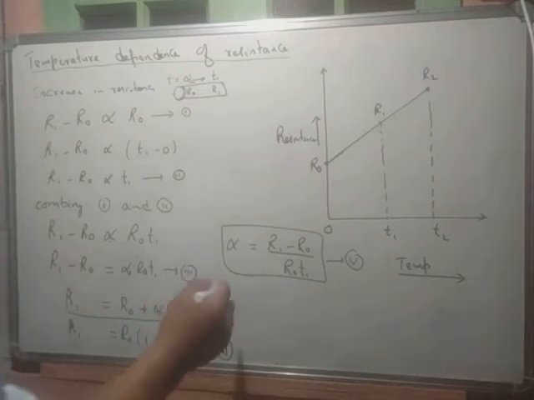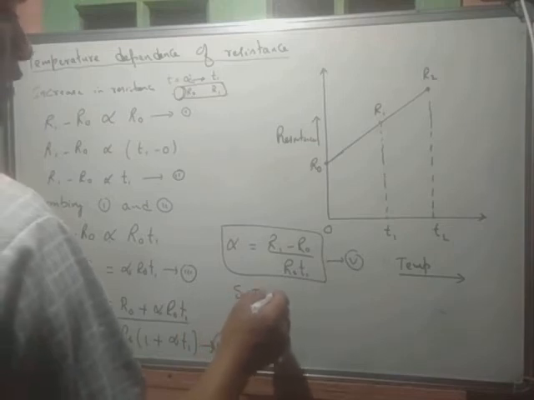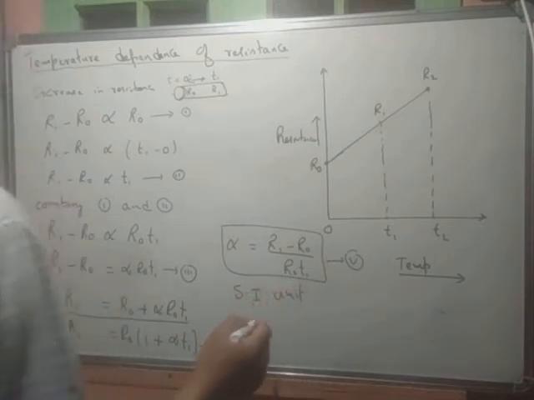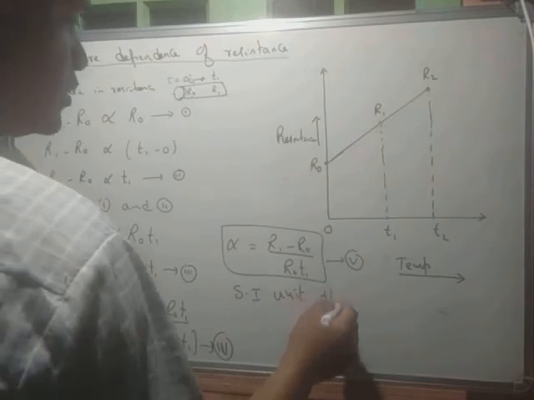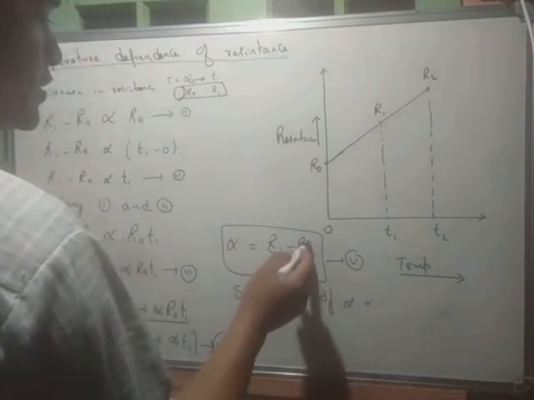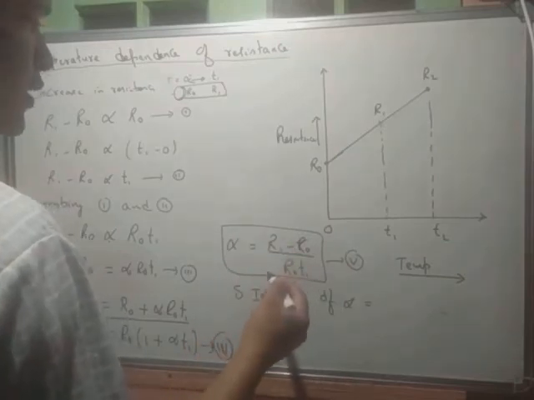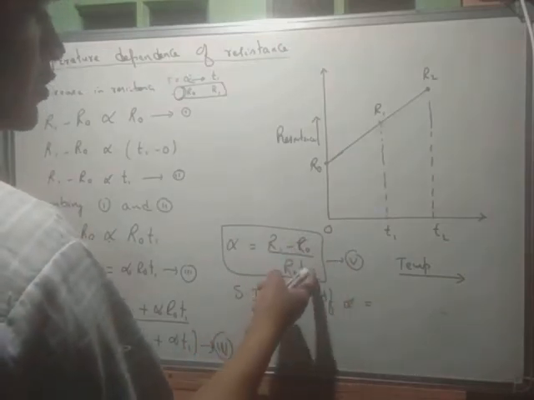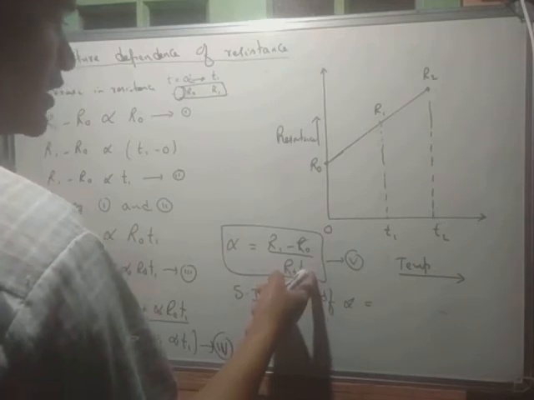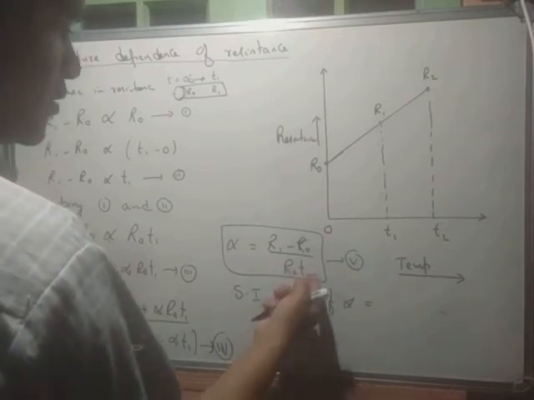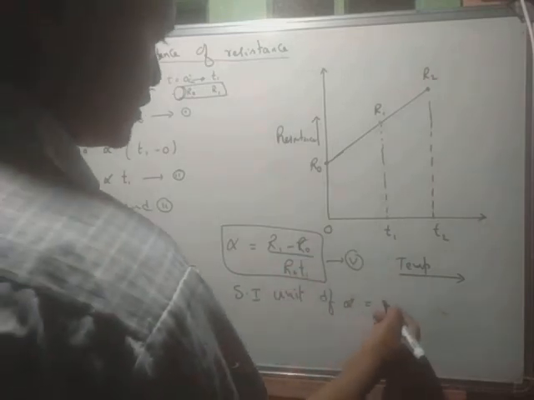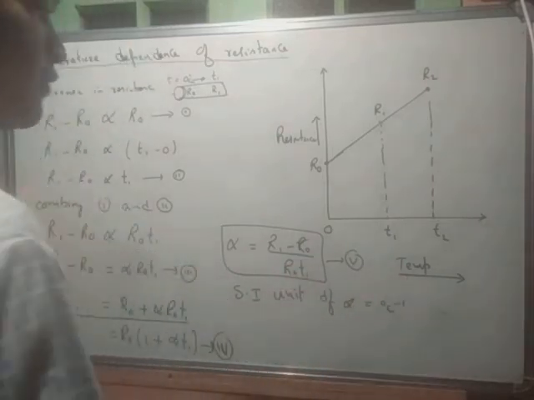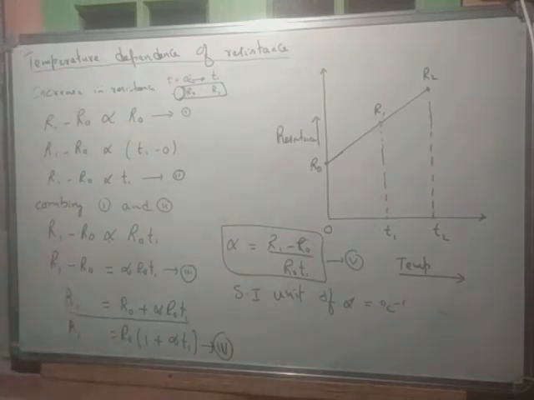Also, when you find the SI unit of this coefficient, because R1 minus R0 is just resistance and R0 also is resistance, the unit left uncancelled is only temperature. Since the temperature is in the denominator, you get per degree, the inverse of degree Celsius. So that is the SI unit of temperature coefficient of resistance.